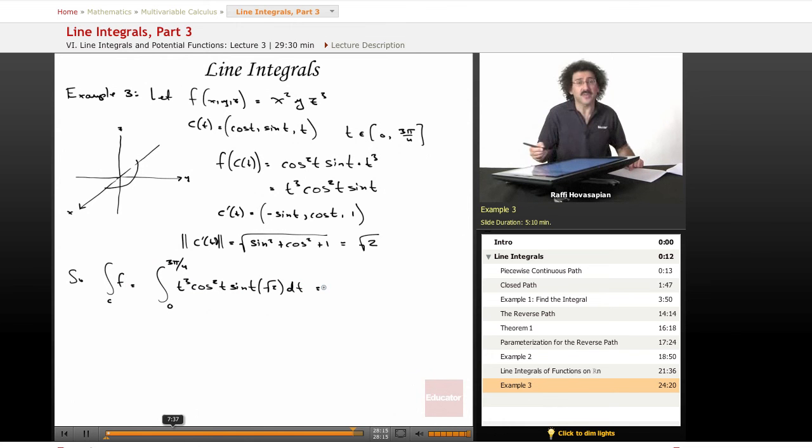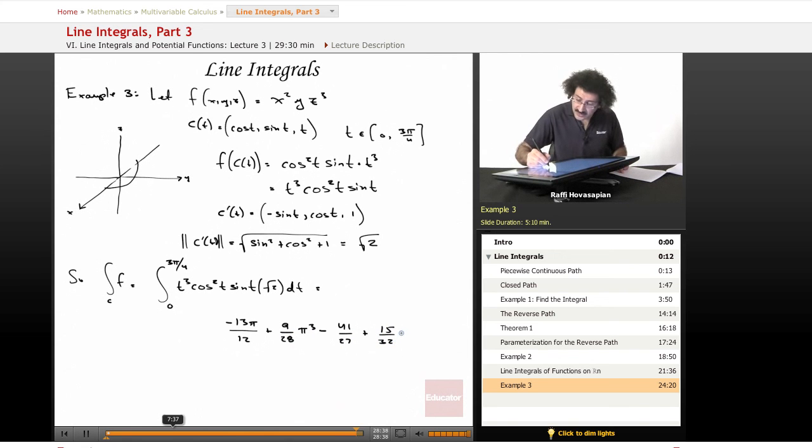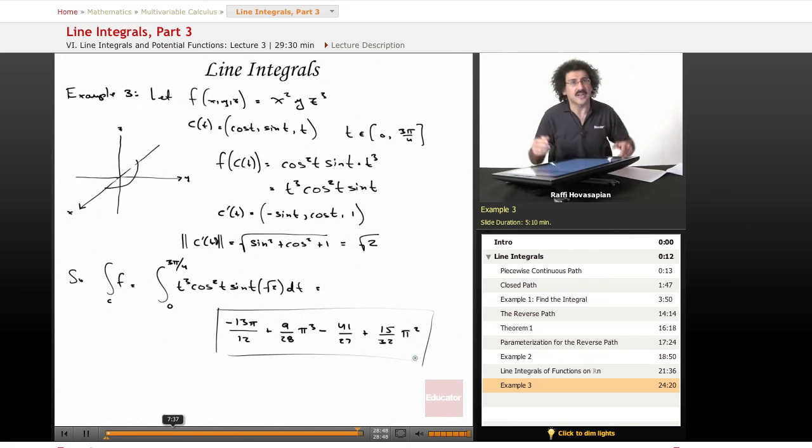And then when we put this into mathematical software, because again, I'm not going to do this by hand, we get the following answer: minus 13 pi over 12 plus 9 over 28 pi cubed minus 41 over 27 plus 15 over 32 pi squared. So again, it's just a number expressed in terms of pi and other numbers, nothing simplified. Put it in a calculator, you're just going to get a number.